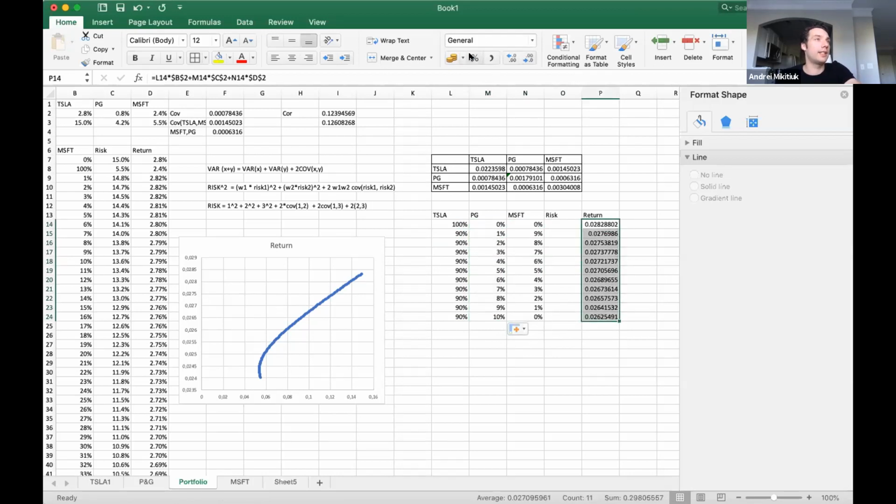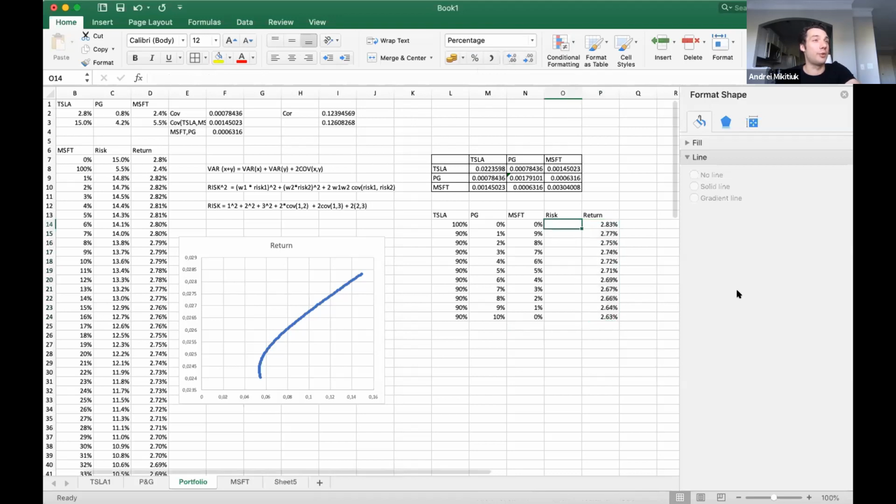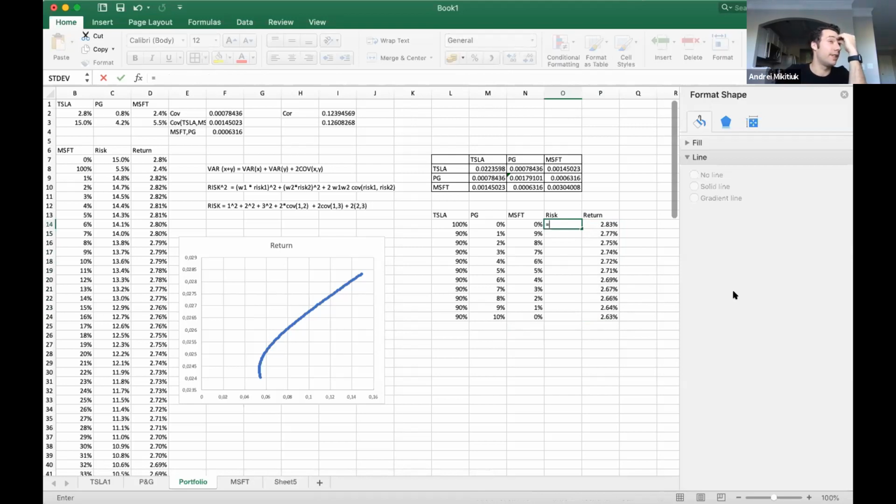Now let's do the risk. So basically the same thing.